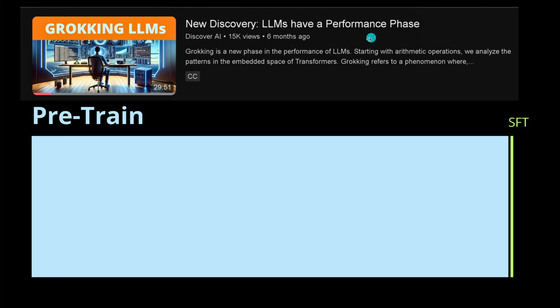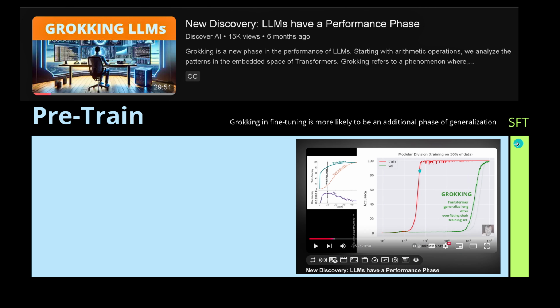It's simply a performance phase of LLMs. Let's focus on the fine-tuning process. You remember the researcher who went on holiday and forgot that he had a fine-tuning process running on his computer? When he returned, he noticed that after all the overfitting on the training data, if we give it enough time, suddenly our validation data set reaches 100% accuracy.